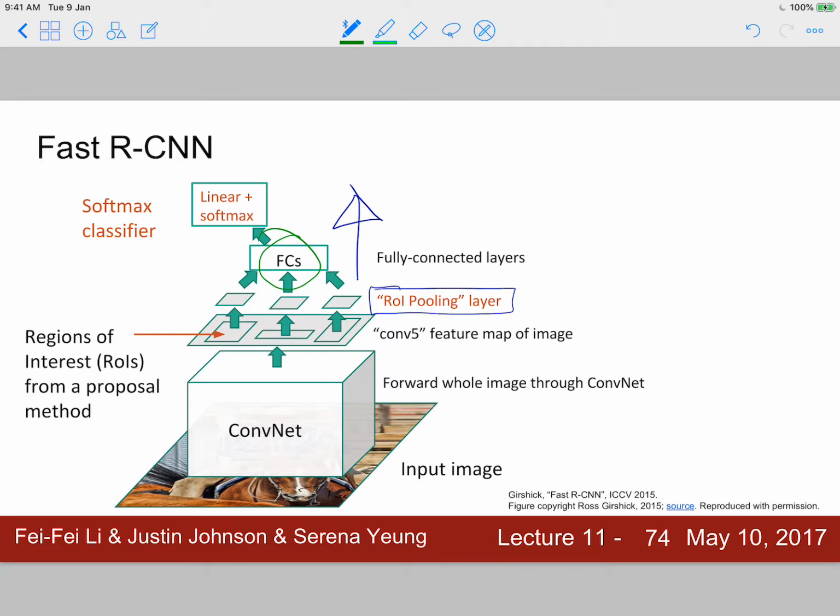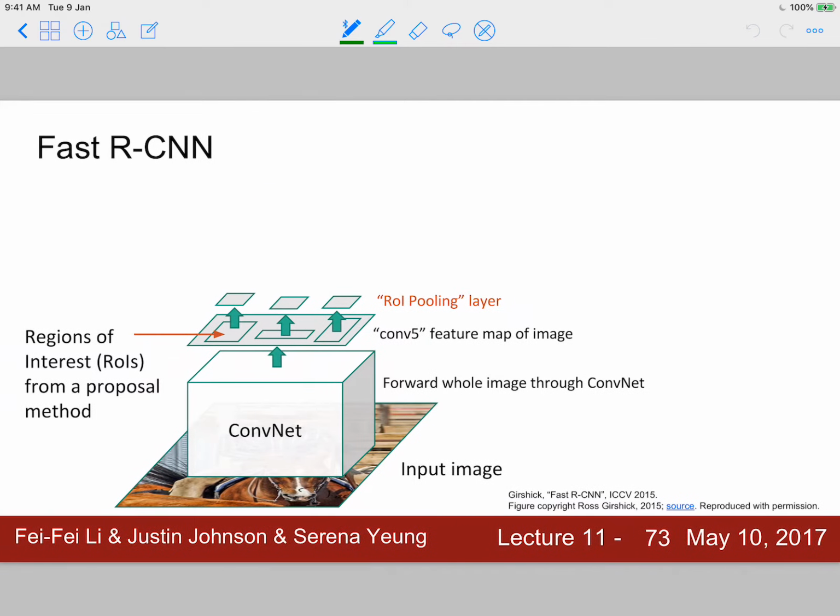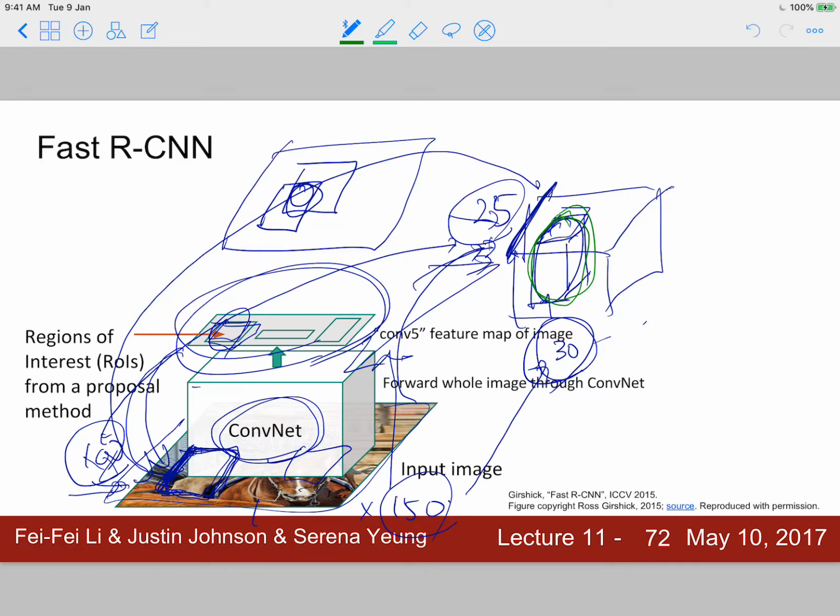Now it's time to perform our classification, whether it is a particular category or not, and also what the exact bounding box is. So this is a fully connected layer, and how do we give this cropped activation map as an input?